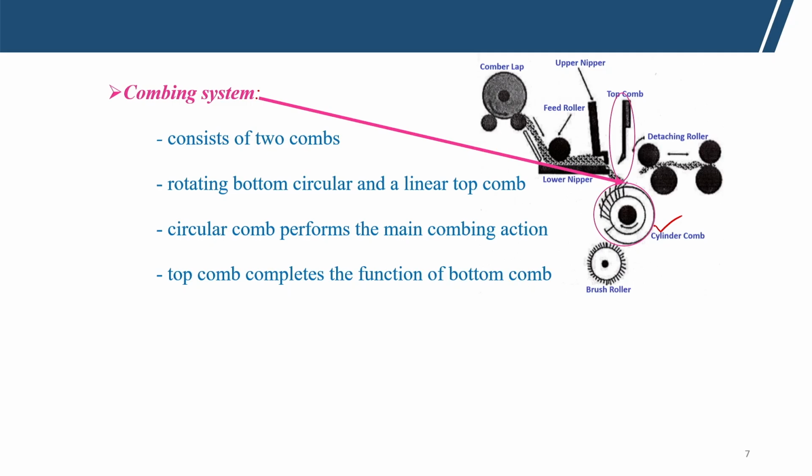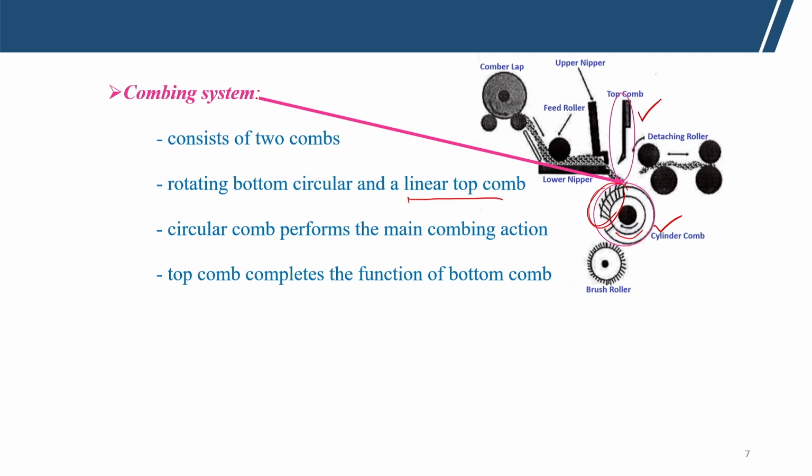Pins are fitted on the cylinder, not on the entire surface; some portion of the surface is filled with pins, and the rest is smooth. That helps in the other processes like top combing and nipping, which need the space. So, it consists of two combs, one is the rotating bottom comb and the other is the linear top comb.